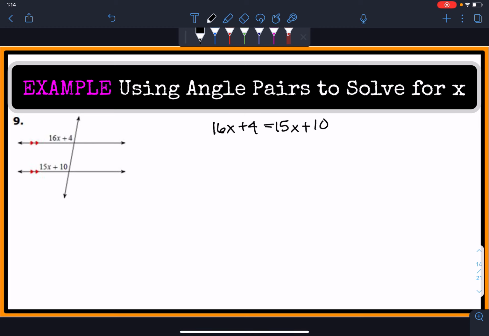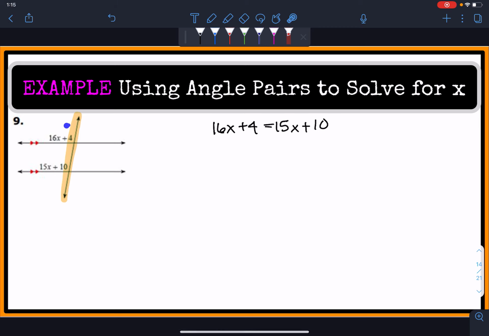Now, the geometry rule explaining this idea is that these angles are corresponding angles. I was going to say alternate, but no, they're not alternate because they're both on the same side of the transversal.